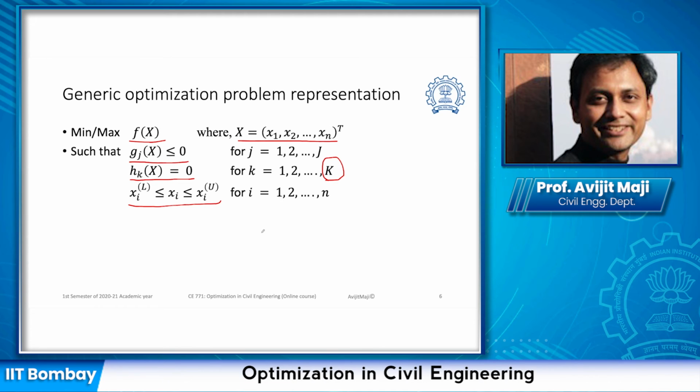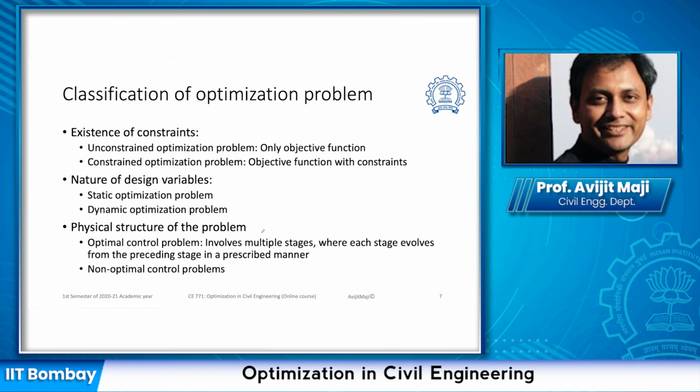Now we will look into the various classifications of optimization problems. The classification of optimization problems depends on the existence of constraints. An optimization problem without any constraint is known as an unconstrained optimization problem.